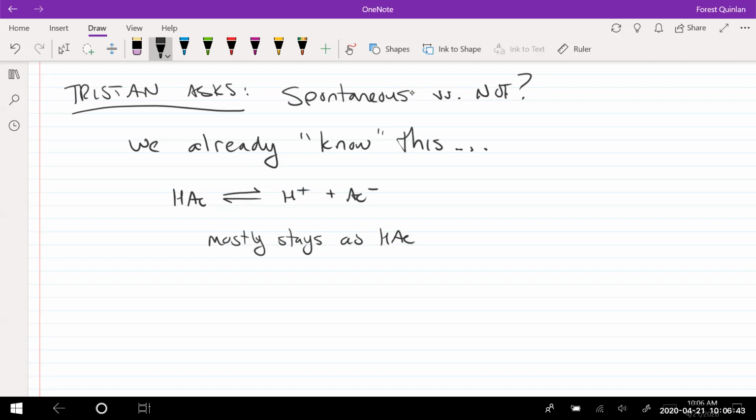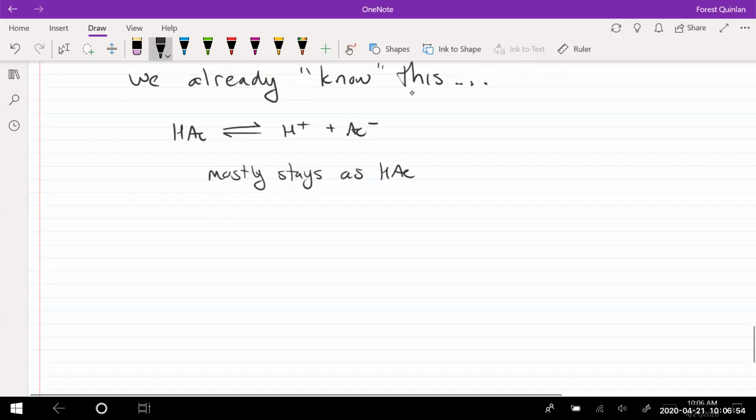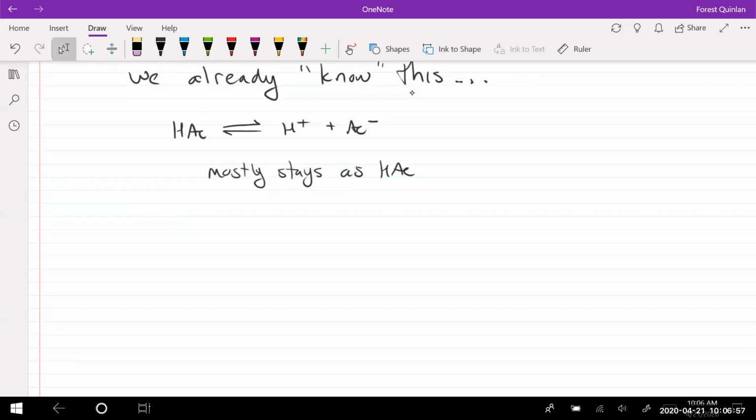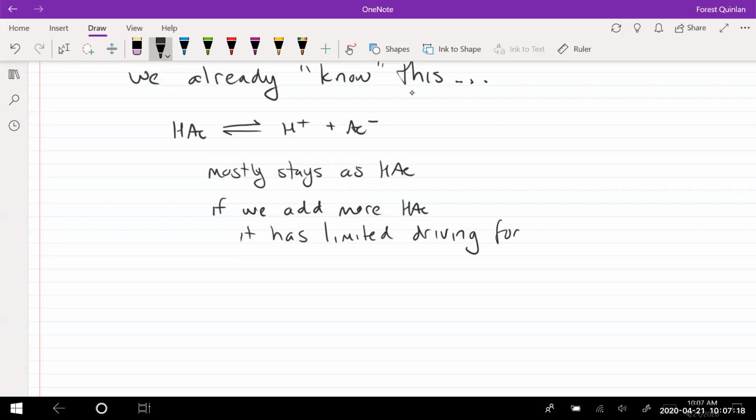So when we are talking about HAc breaking apart, and it's actually even better with solubilities for solids, we know that only some of it wants to break apart. Well, if we add more HAc, it has limited driving force to break apart.